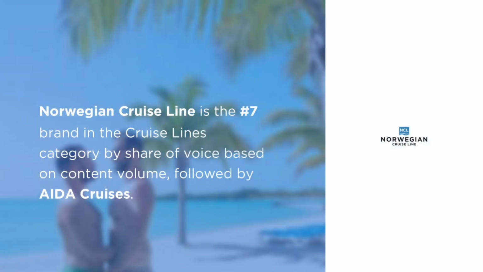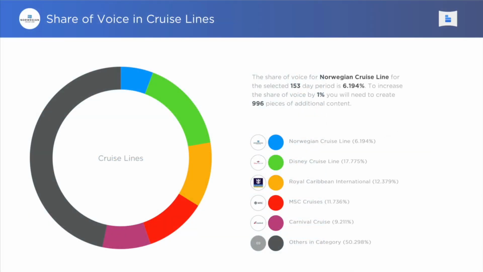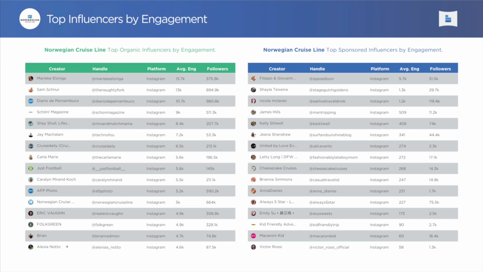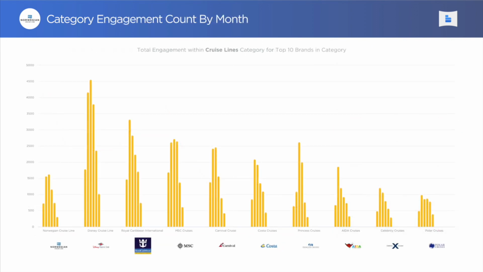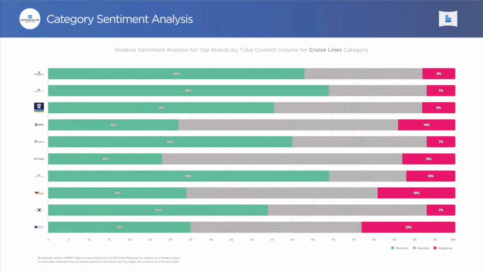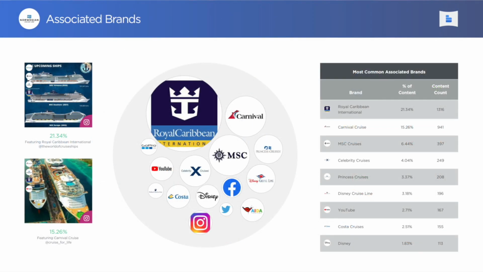It is important to note that this PDF report is 100% programmatically created by the platform, including all logos and images. It is a detailed analysis of performance against NCL's peer set. It includes category analysis, content analysis, and sentiment analysis, as well as tangential and associated brands.